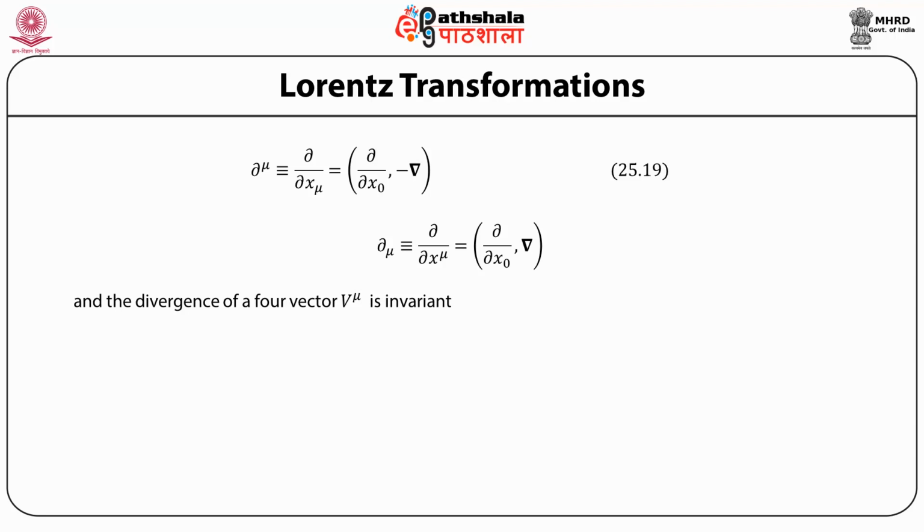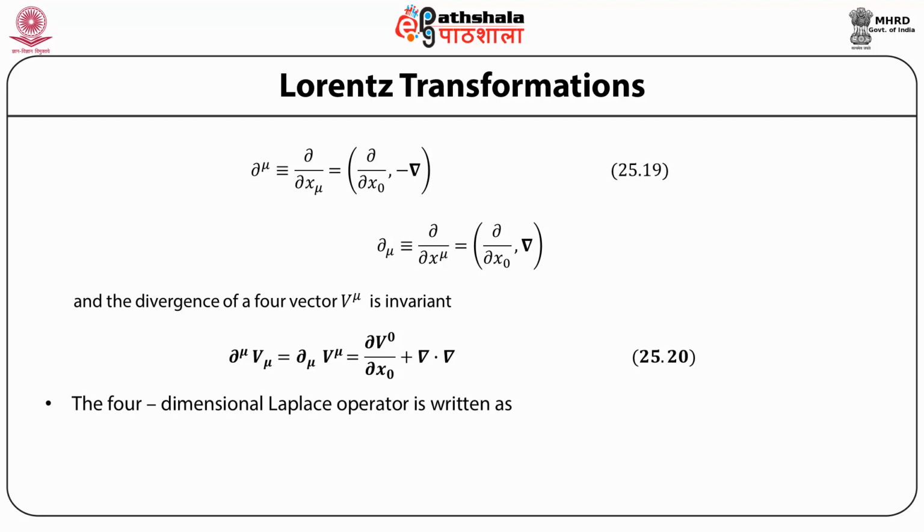The divergence of a 4-vector, that is contravariant v^μ, is invariant. That is, the contravariant component ∂^μ into the covariant component v_μ is equal to the covariant component ∂_μ into the contravariant component v^μ, which is equal to ∂v^0/∂x^0 plus del operator dot v.